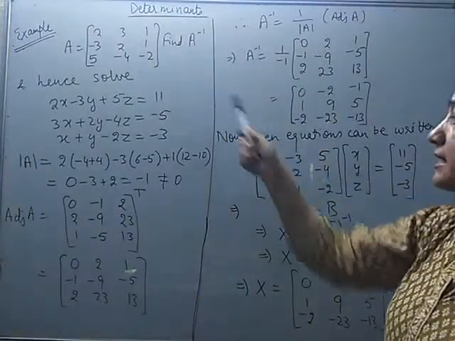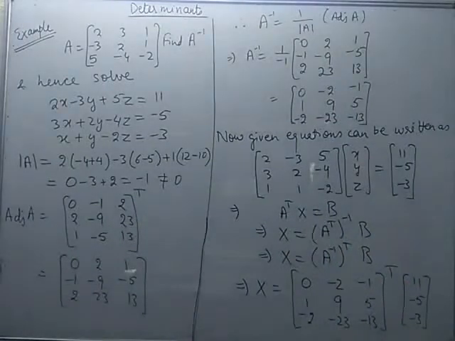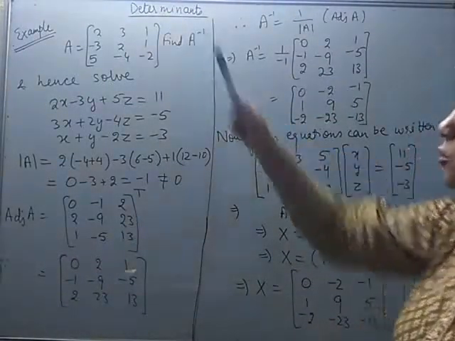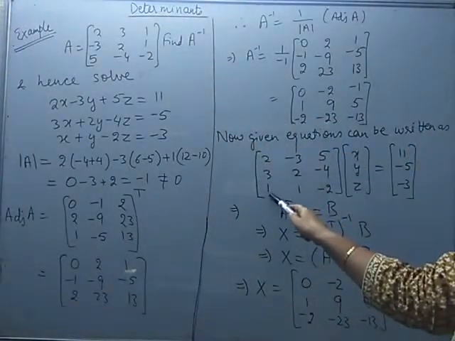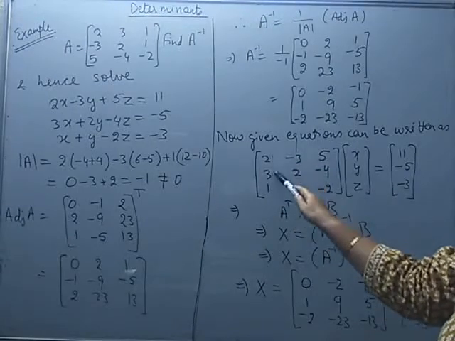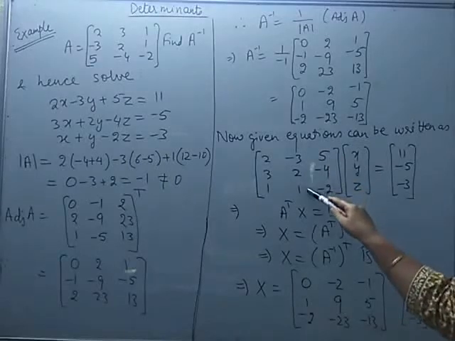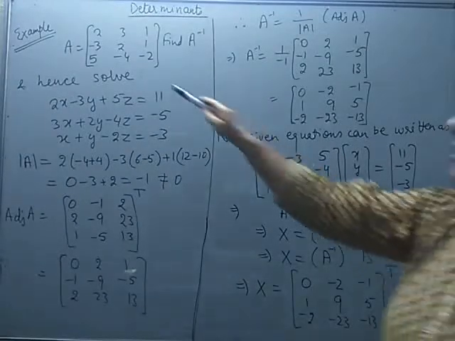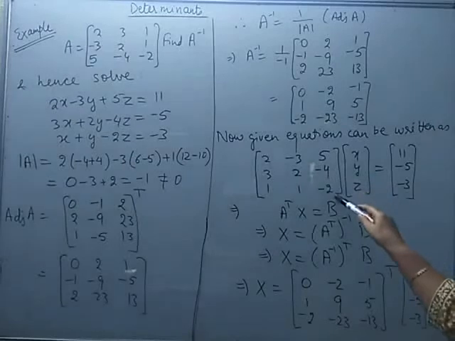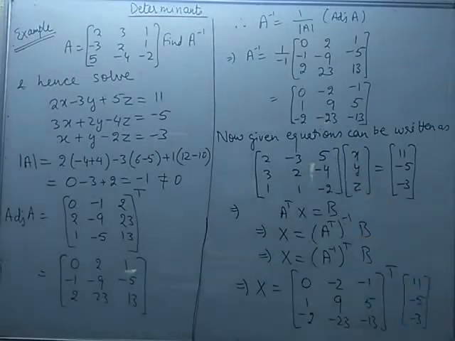They are not exactly the same, but they are transposes of each other. Look at the first row of A and the first column of this, you will find they are identical, 2, 3, 1. And the second row of A is the second column of this, -3, 2, 1. And the third row of A is the third column of this, 5, -4, -2.